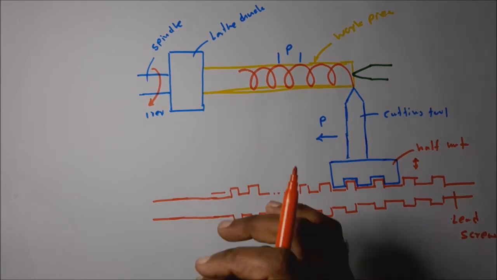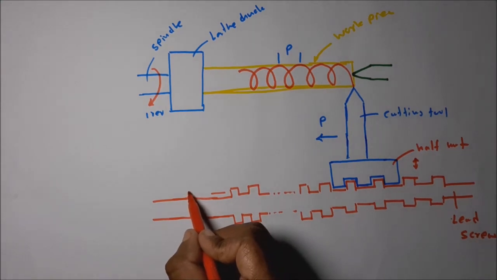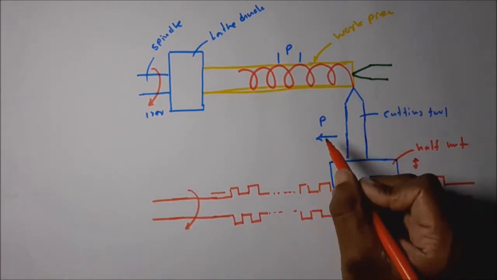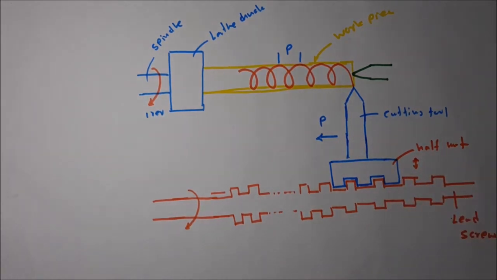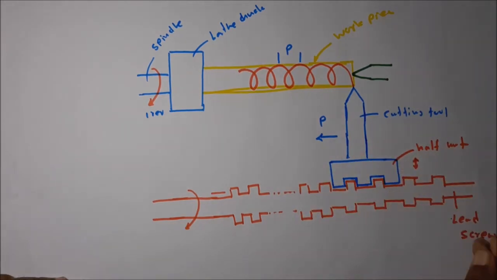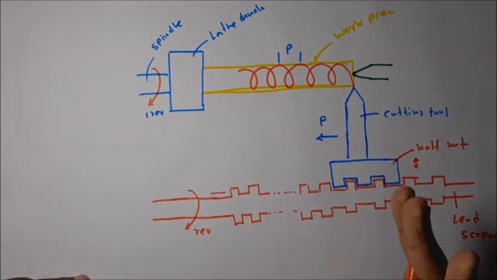Okay, then by rotating this lead screw, we can move the cutting tool in this direction. We can produce the linear movement while rotating the lead screw. Now our problem is reduced to synchronization of two rotary motions.